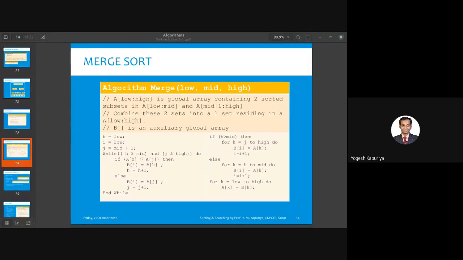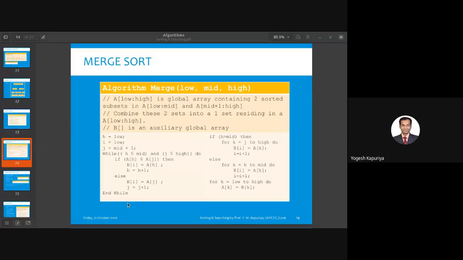Now we have performed divide, we have performed conquer, and the third step is the combine. When you want to combine two parts which are already sorted, you simply start with three indices: one for the first part, one for the second part, and a third for an auxiliary array, or you can say a temporary variable.